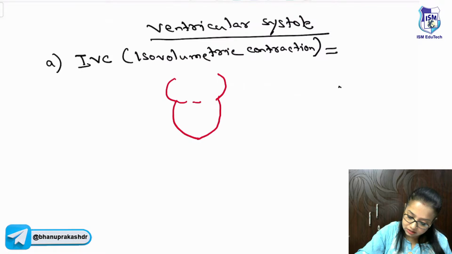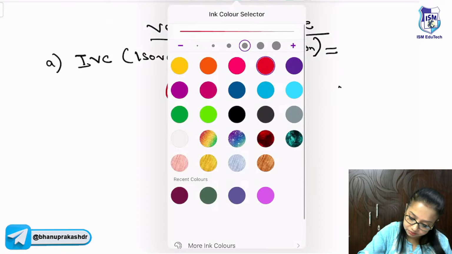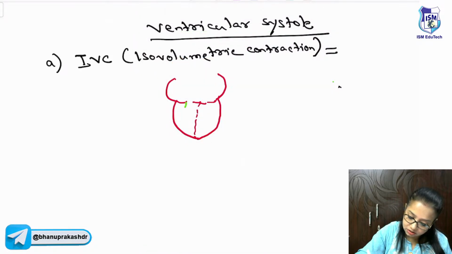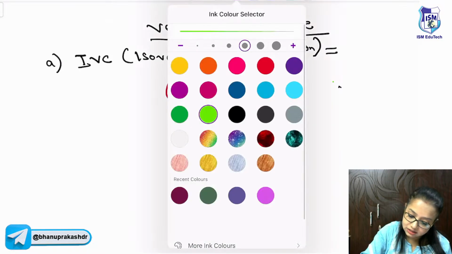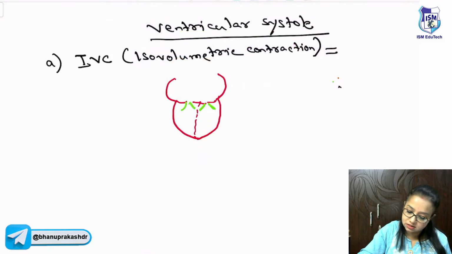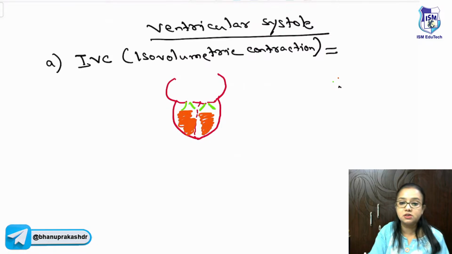During the atrial systole, the AV valves were open, right? And the contraction of the atrium happened. Now, after this systole, the ventricles are filled with blood.